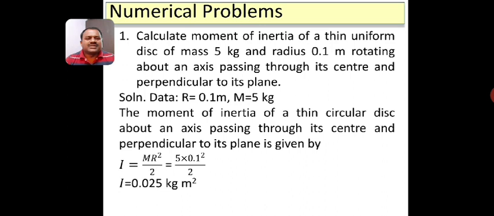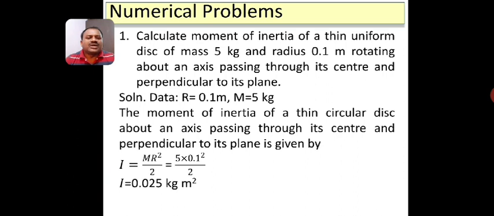Both mass and radius are in SI units, so you can directly substitute that. So mass is 5 into radius 0.1 meter, therefore 5 into 0.1 whole square divided by 2.